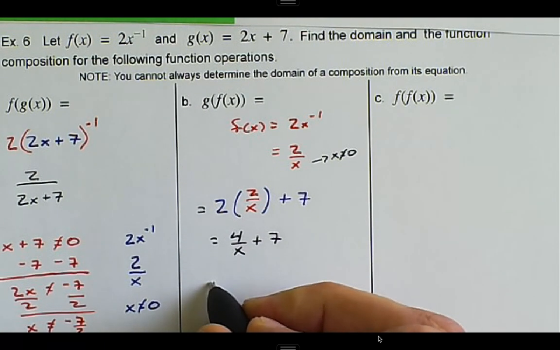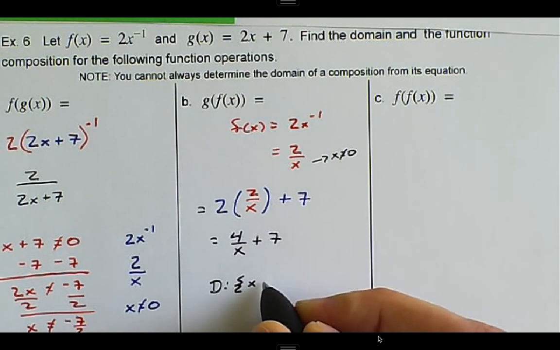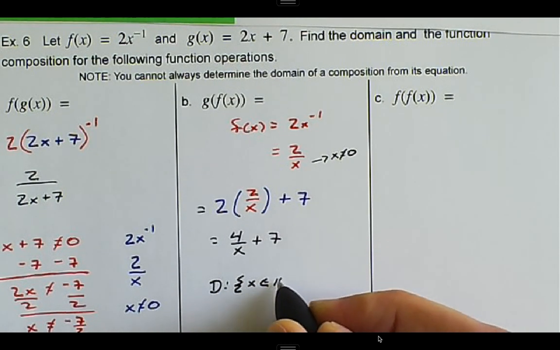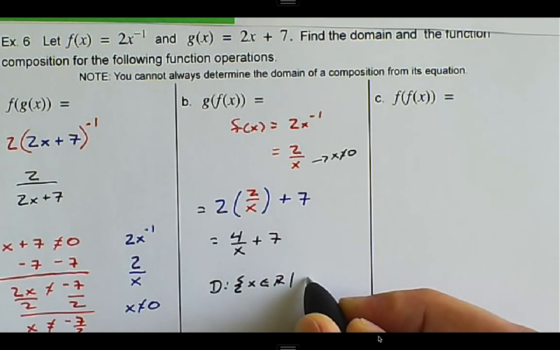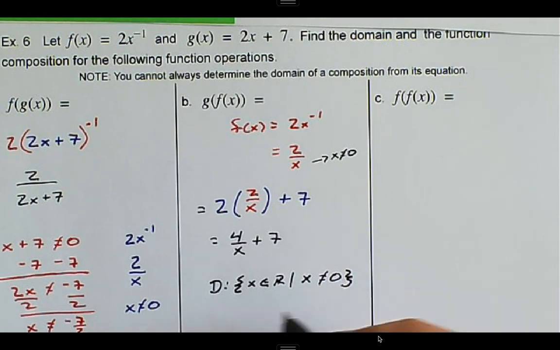The domain is going to be the set of all x values that belong to the real numbers such that x cannot equal 0. And in interval notation, we have to have two intervals, negative infinity to 0, not included, 0 to infinity.